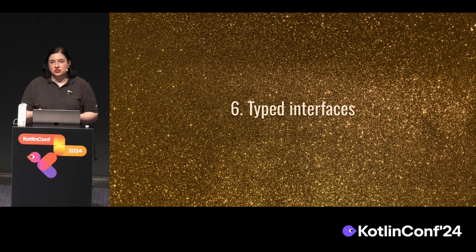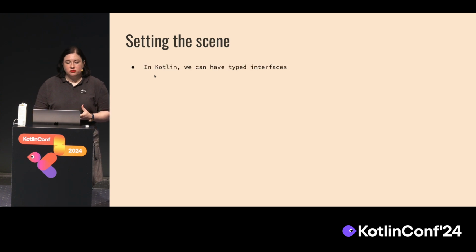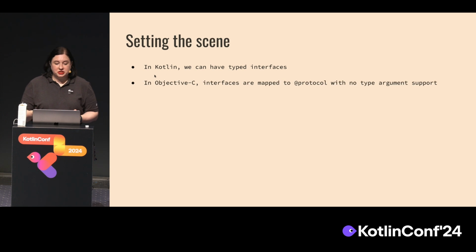Our next feature solution has to do with typed interfaces, or interfaces with a type argument. So interface of something with type T. So let's look at what the problem is here. In Kotlin, we have typed interfaces, something with a type argument. And in Objective-C, these types are mapped to protocols, but there is no type argument support on these kinds of data structures.